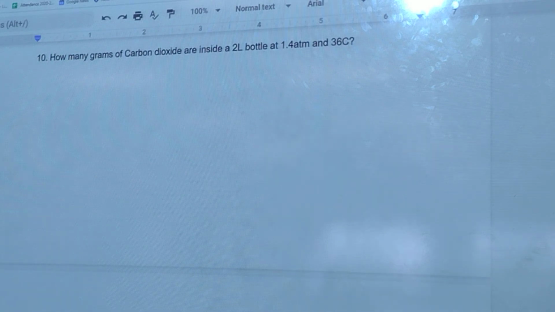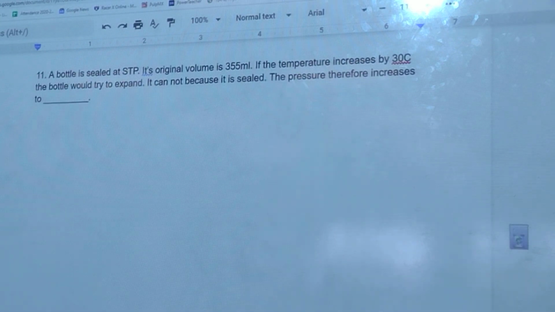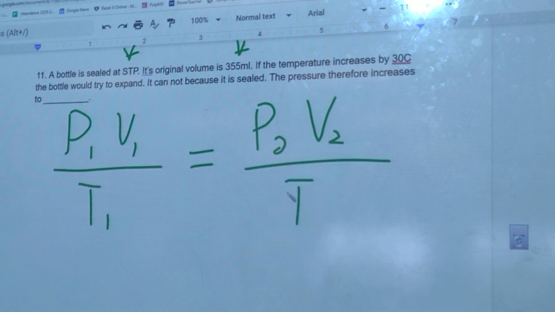We're almost there, y'all. A bottle is sealed at STP. All right, STP is standard temperature and pressure. Its original volume, okay, now we can tell that this is going to be combined gas law because we're getting the data more than once, right? Let's just fill it out. A bottle is sealed at STP.